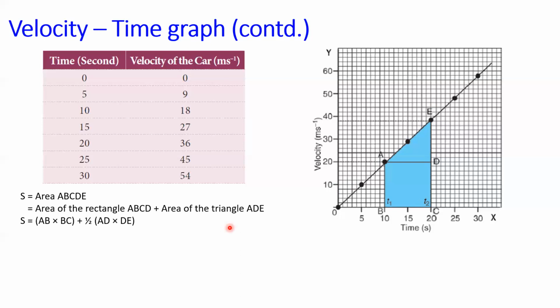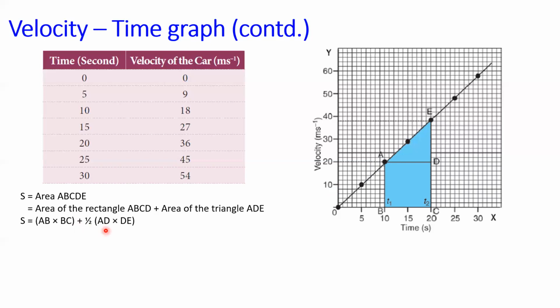That ABCDE consists of 2 regular shapes: the area of the rectangle, that is ABCD, plus the area of the triangle ABE. So the area of the rectangle can be given as length into breadth, which may be AB into BC, plus the area of the triangle, half base into height, so it becomes half AD into BE.